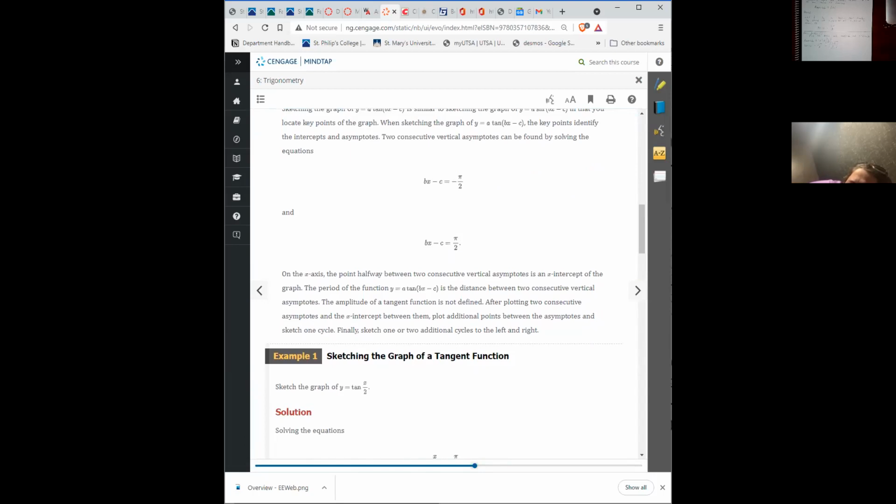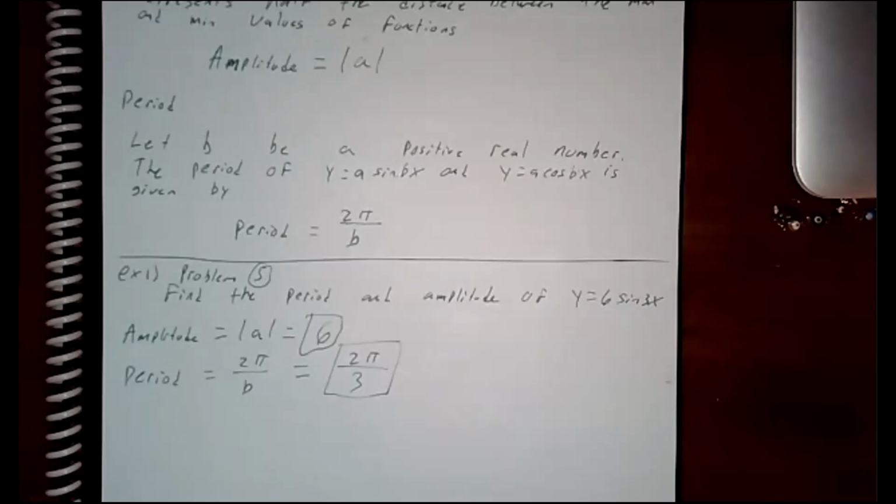Let me check a different book. 1 second. Yeah, here it is.